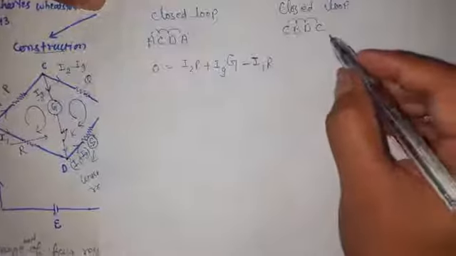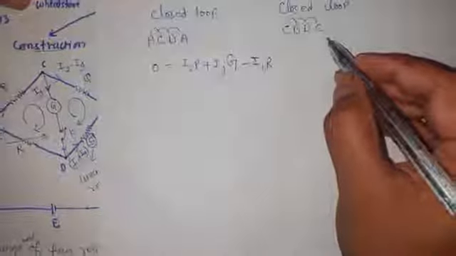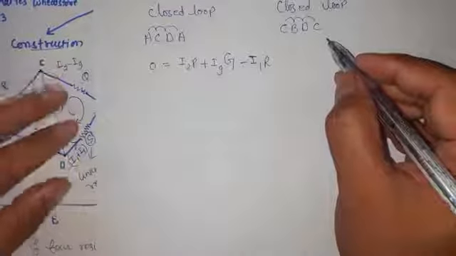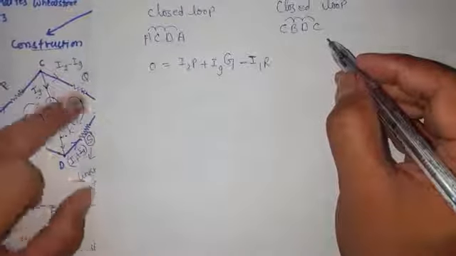Now, in the second loop, check again from C to D. First, how much is the EMF of this closed circuit?